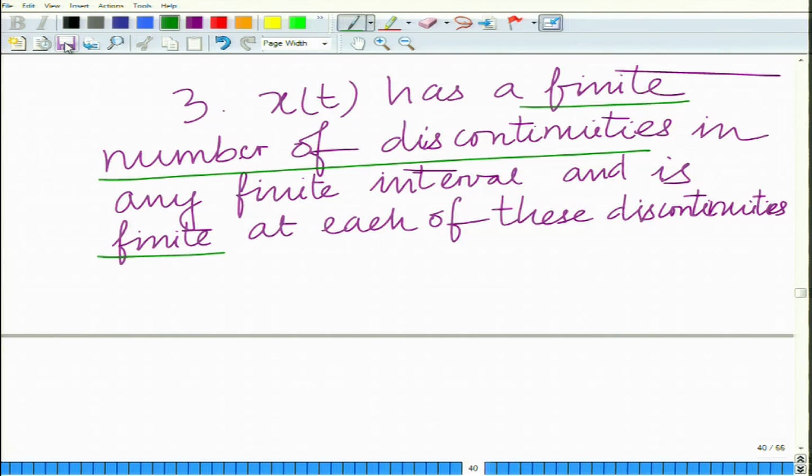Okay, so these are the Dirichlet conditions for the existence or the convergence of the Fourier integral, and remember these are sufficient but not necessary.